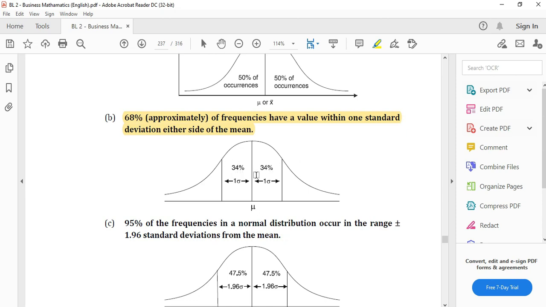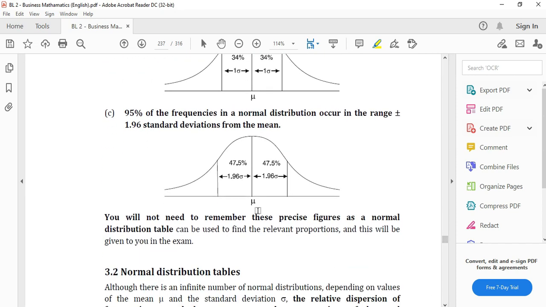That is the learning point we must take home. So if 68% of frequency is represented in the curve, half of it is 34%, which will be on the left side of mu and 34% on the right side of mu, with a standard deviation of 1 each.